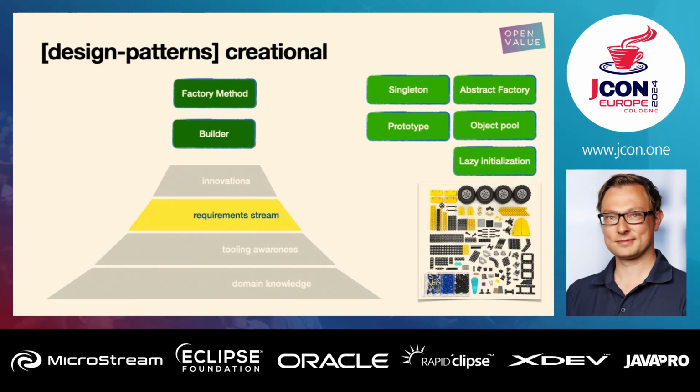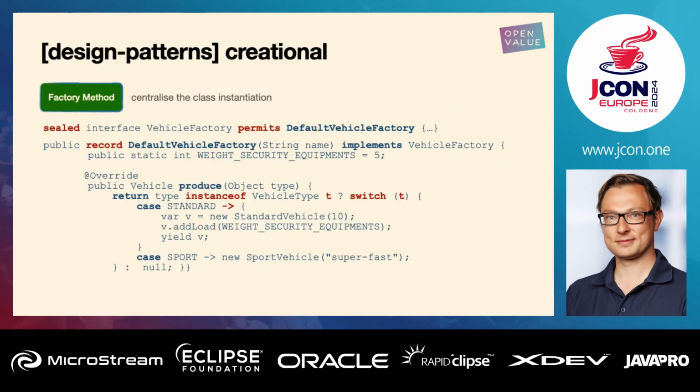The requirement stream is mostly about, before we do mapping, we still need to create the entities, right? And we need to have control over the creation. And most of the time, a good approach is to start with the factory, right? Because the factory hides behind the scenes the process of creation, and we can iterate over the sprints and create a more complex building process with the builder.